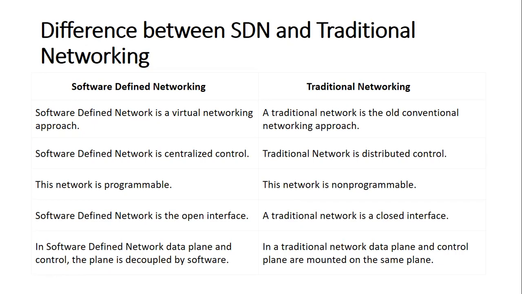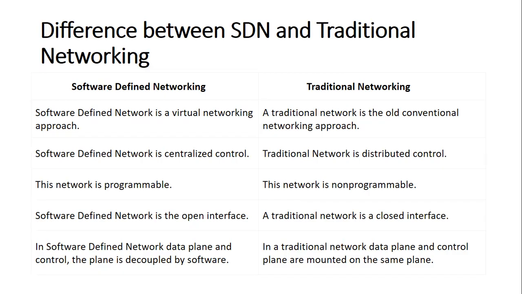Software defined network has centralized control. There is a provision of an SDN controller, whereas in the traditional case this is not possible. There is distributed control in the traditional networking approach. And the SDN network is programmable, whereas the traditional one is not programmable. SDN has an open interface, and the traditional network has a closed interface.